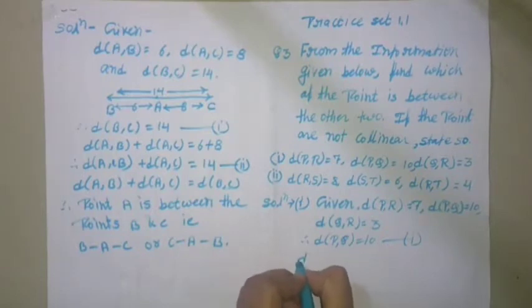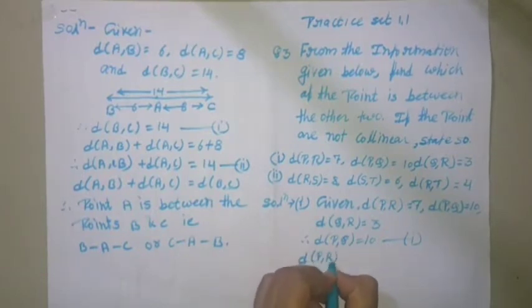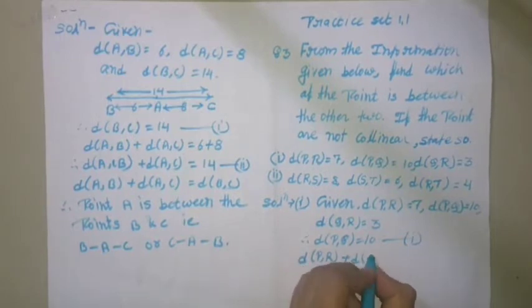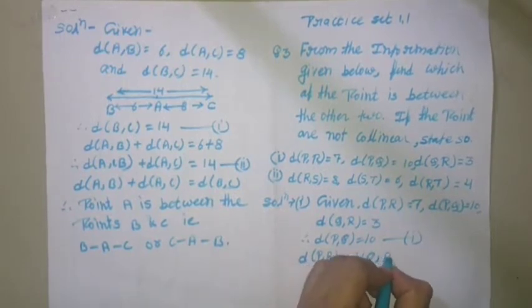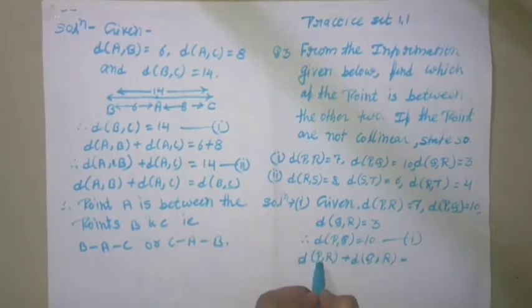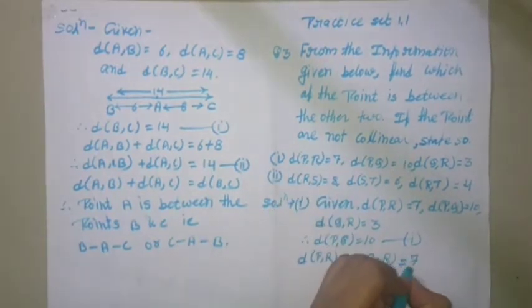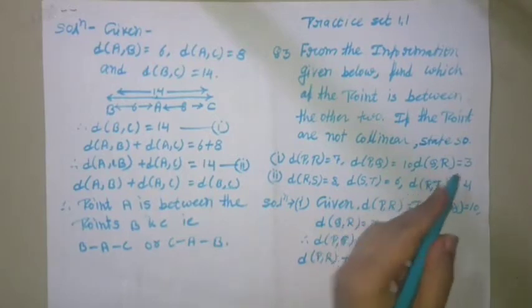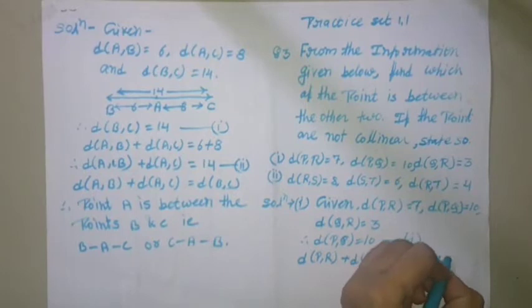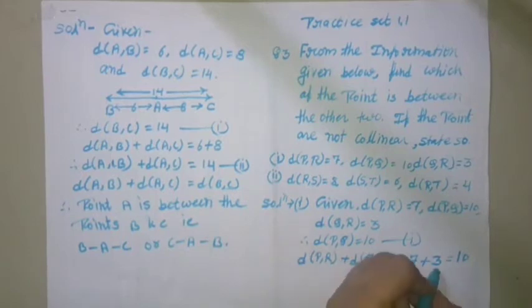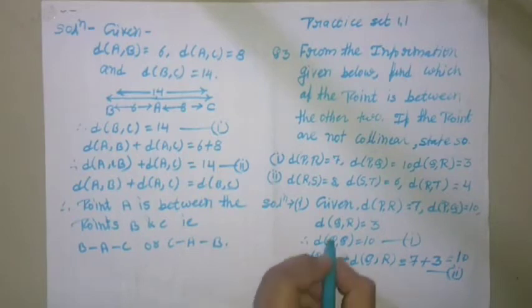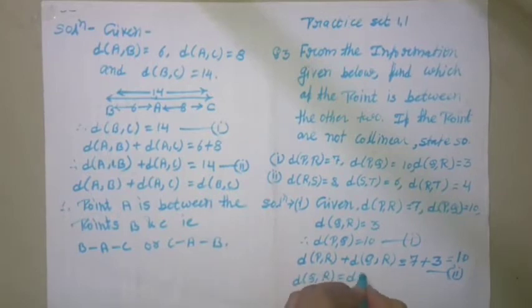Therefore, distance of PR plus distance of QR equal to 7 plus 3. Therefore, 7 plus 3 equal to 10. It is denoted by second equation. From equation first and second, distance of PQ equal to distance of PR plus distance of QR.